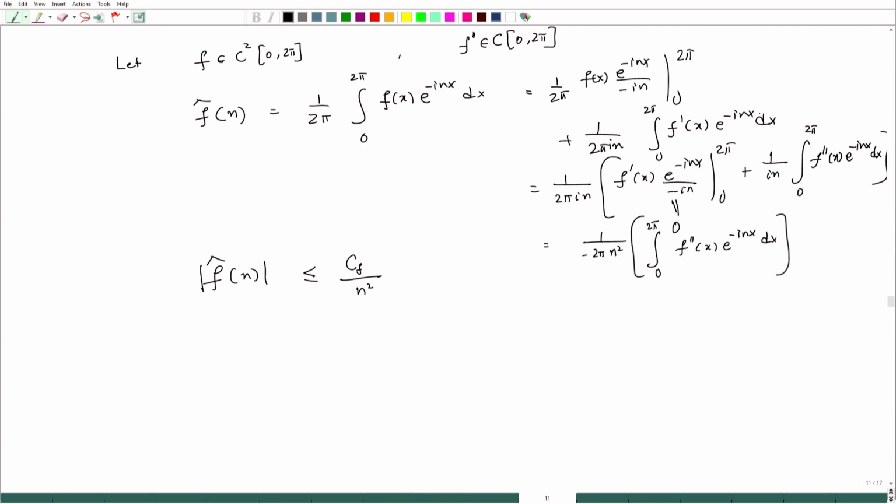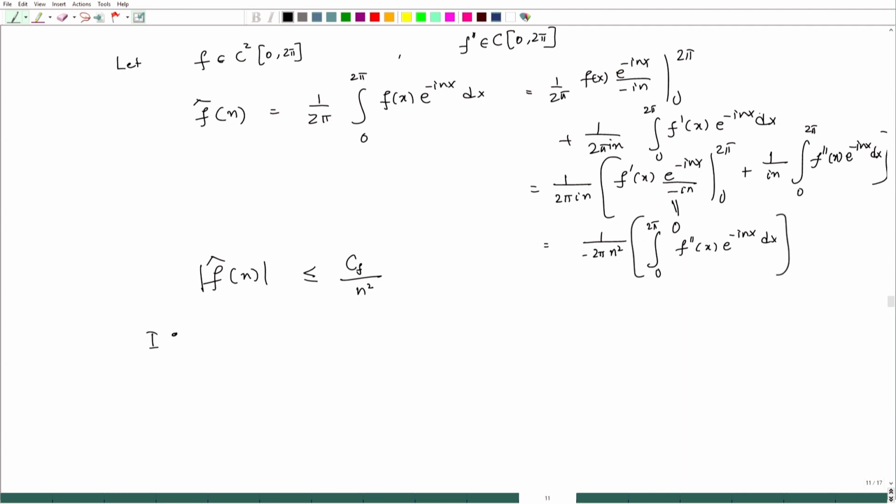So, what have we observed here? If we are increasing the smoothness of f, we are getting more and more decay in f hat, exactly following the same argument.